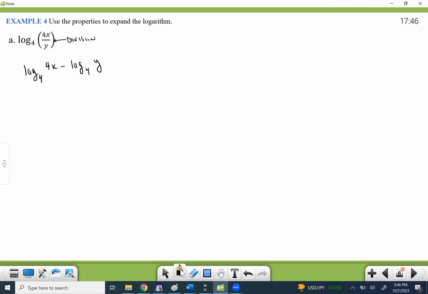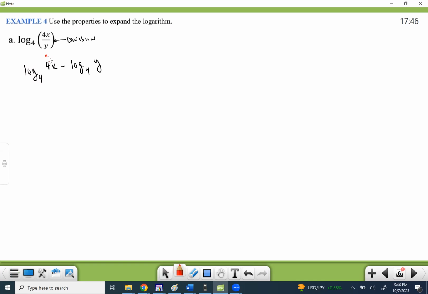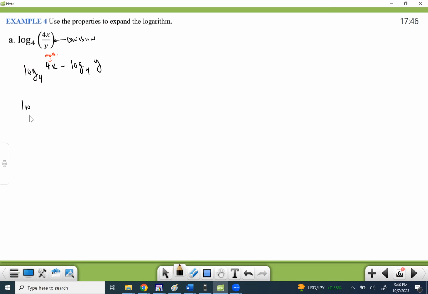Then we'll take care of the fact that we have multiplication happening right here, right? So since it's multiplying, we're going to split the multiplication into, hopefully you're finishing my sentence for me, addition.